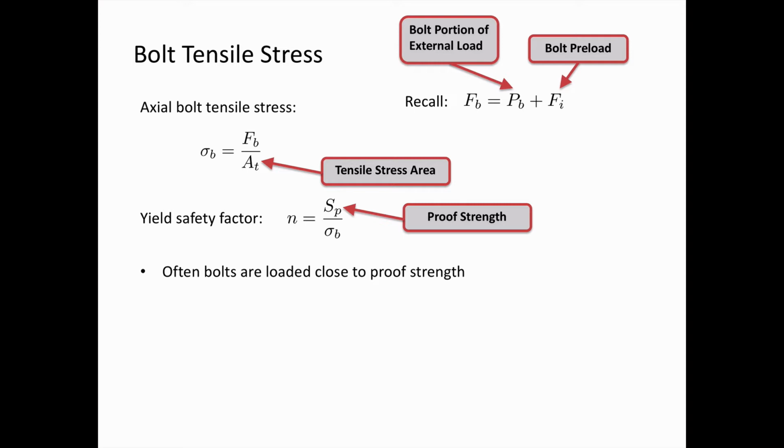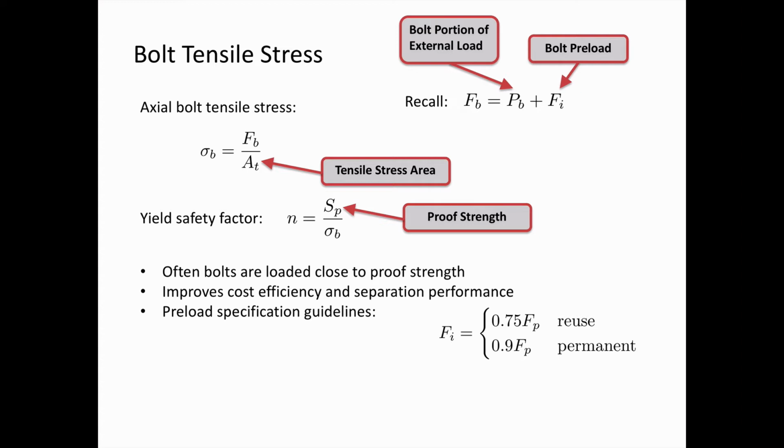Often bolts are loaded close to proof strength. Doing this improves cost efficiency. We can get away with smaller bolts or lower grade bolts. And having a high preload improves separation performance. Here are some specification guidelines for preload, and they depend on whether you intend to reuse a bolt or not.